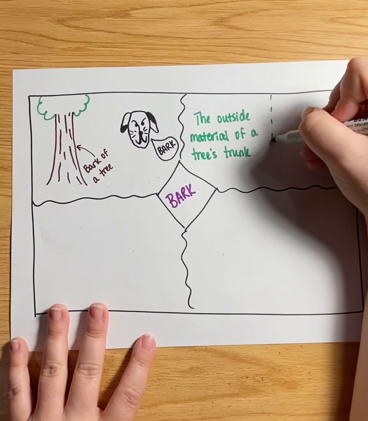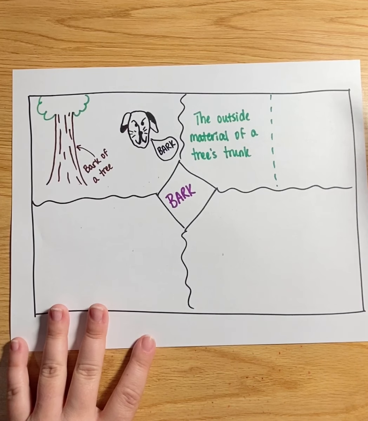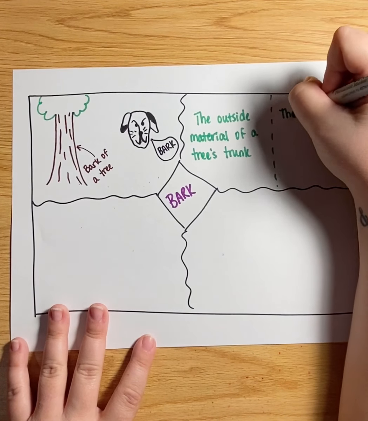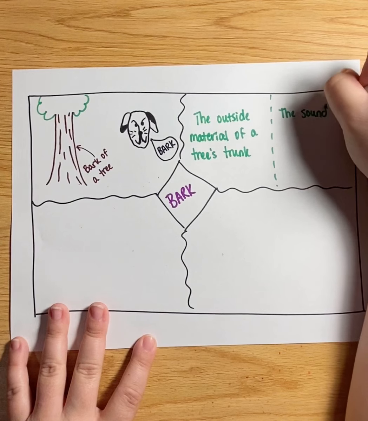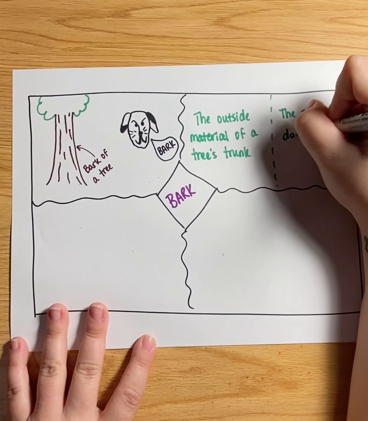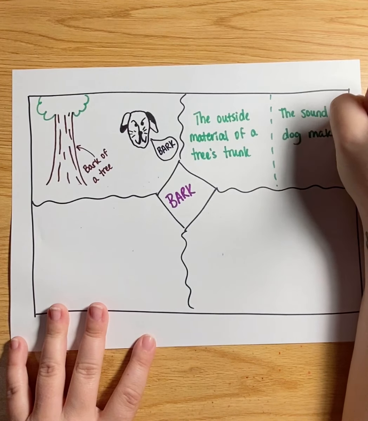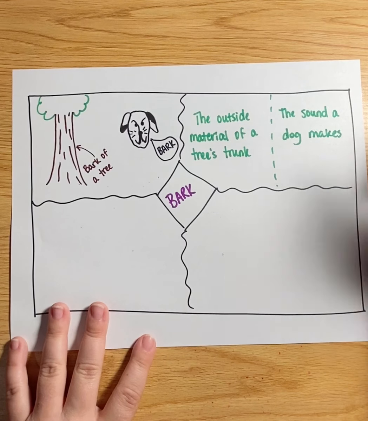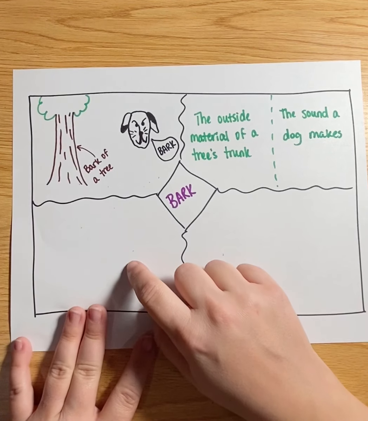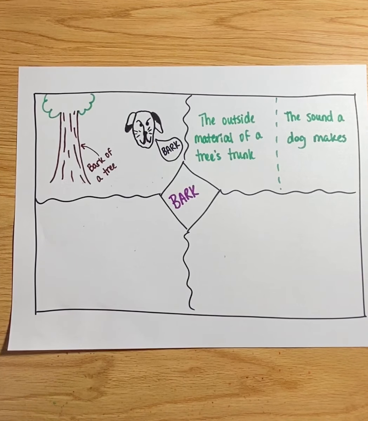Okay. The other one would be the sound a dog makes. Bark. Okay. Down here, I'm going to write sentences for each word.